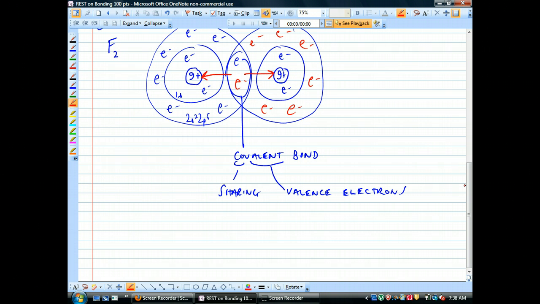And so that's what holds them together. So the atoms are held together by mutual attraction to the same electrons.